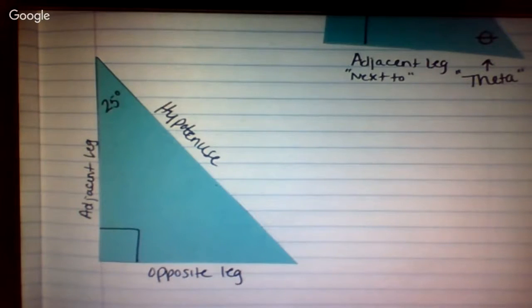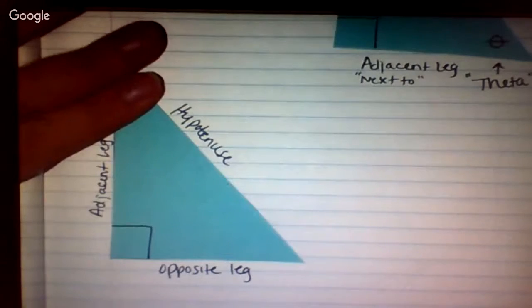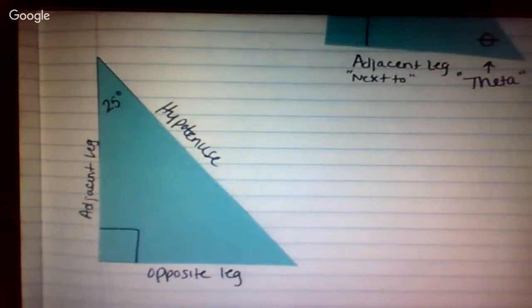If I cover up this reference angle, the side that does not touch where my finger's at is always your opposite side. So if you're ever questioning it, cover up your reference angle. What side does your finger not touch? Questions?